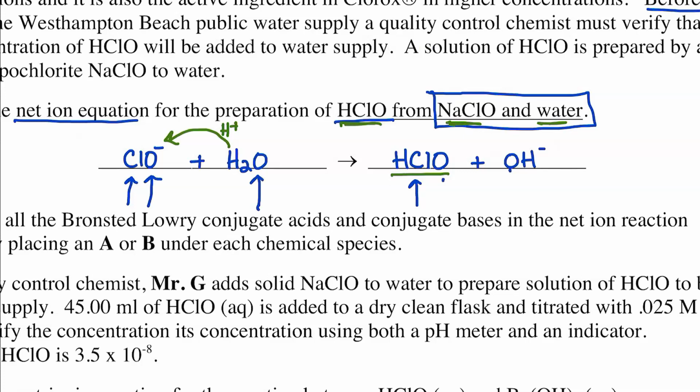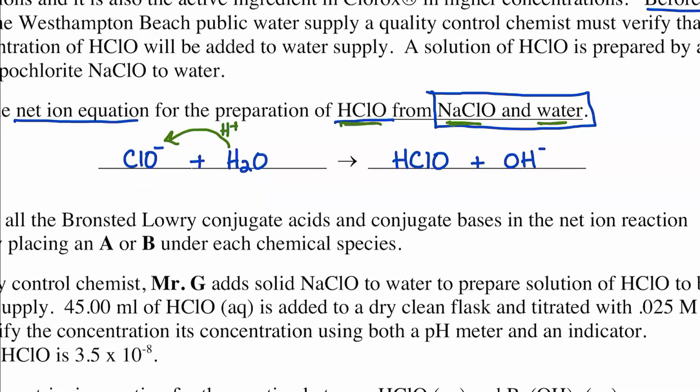So if you don't add the hydroxide, you won't be balanced. Same thing with the hydrogens. We have 2 hydrogens on the reactant side, and you've got 2 hydrogens over here. So again, you'd have to add the hydroxide in order to balance this.